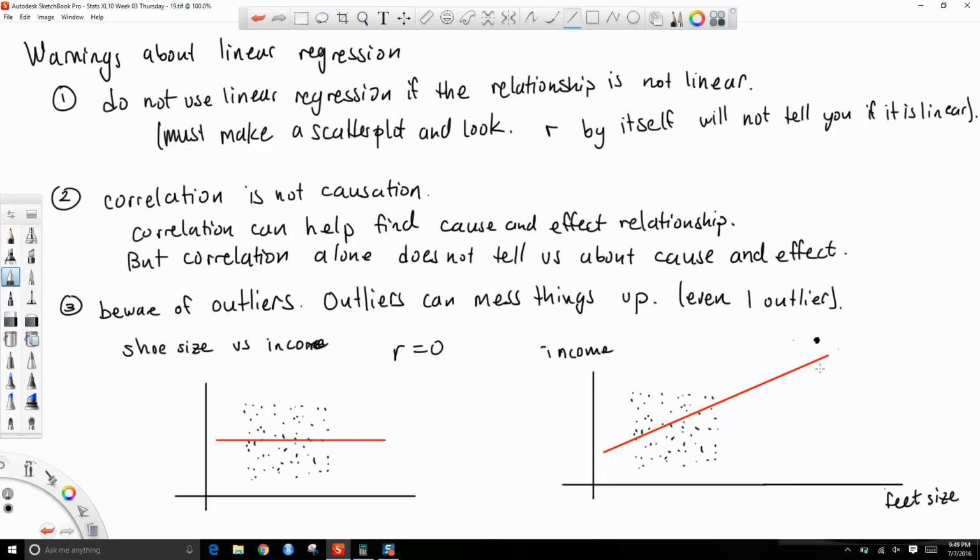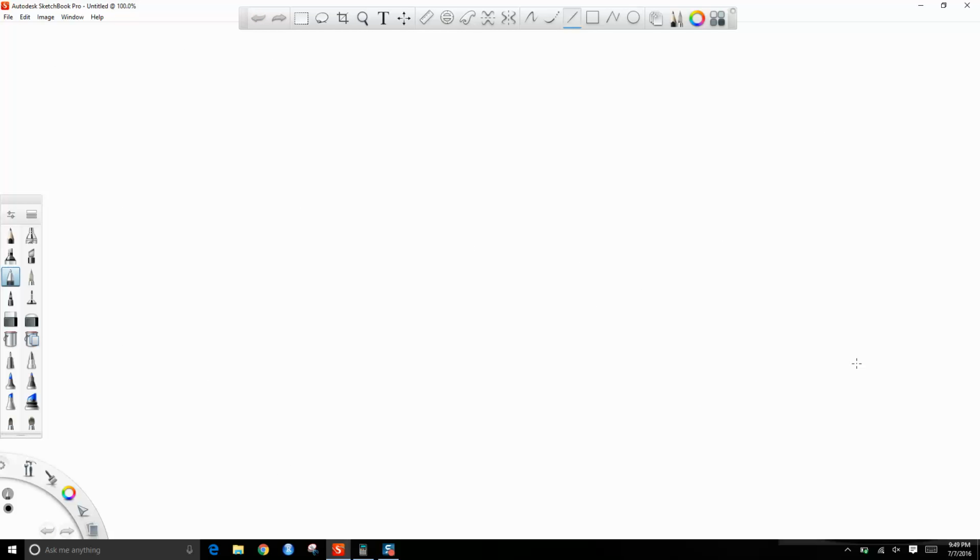this is unusual and not getting at what I'm trying to find, so I'm going to remove it. But you shouldn't just arbitrarily remove outliers just because they're inconvenient. You should ask, should I keep this here or not?